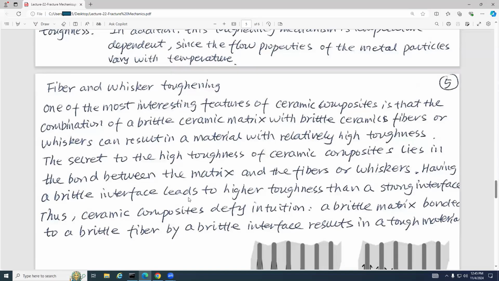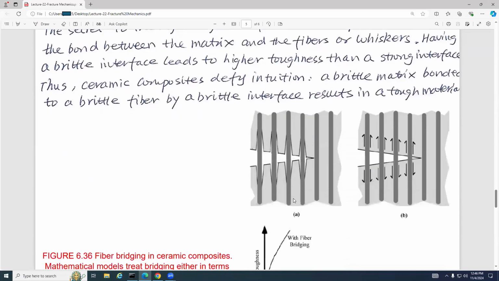Having a brittle interface leads to higher toughness than a strong interface. Thus, ceramic composites defy intuition: a brittle matrix bonded to a brittle fiber by a brittle interface results in a tough material. Right? This is kind of counterintuitive, but it is true.